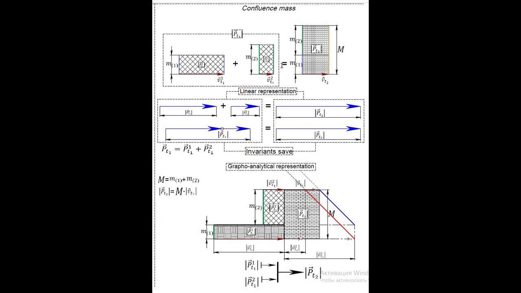After transformation, I remember that the confluence of masses happens in an infinitesimal moment of time. Then I can build a diagram as a sum of momentums and continue it as conditional momentums in the second moment of time.